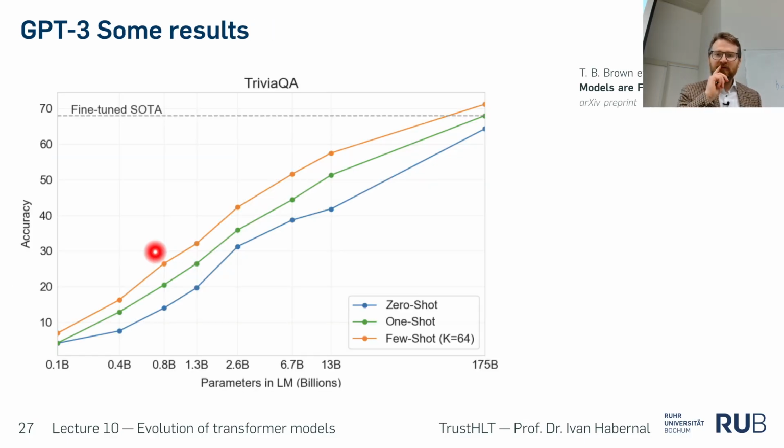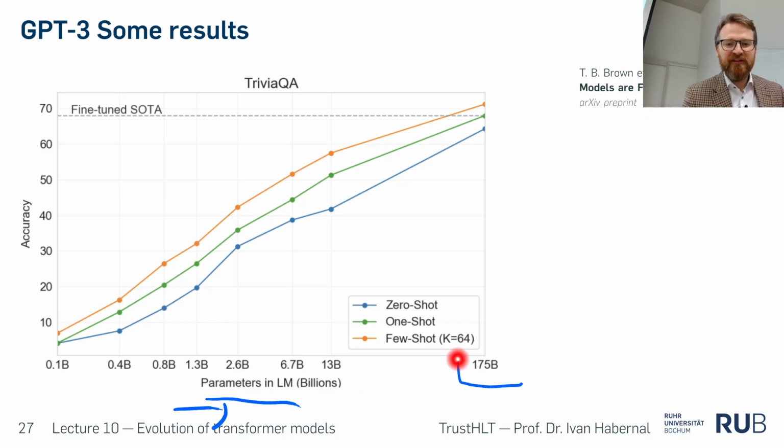But here's the interesting comparison. This is awesome. On the X side, this is the size of the model, the number of parameters in billions. So GPT-3 has 175 billion parameters. It's a big model.